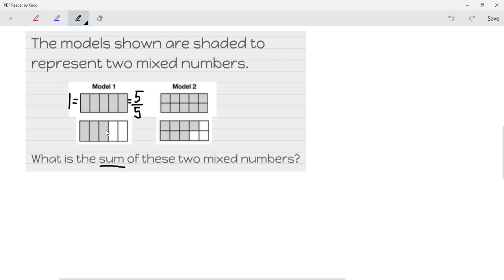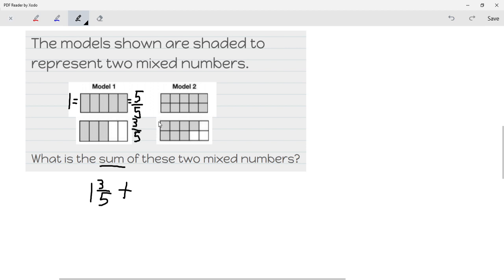And this is also split into fifths, and there are 1, 2, 3. So the amount that the shape is split into is the denominator, 5. The amount that are filled out, in this case, is 3. So this would be 3 over 5. So we have 1 and 3 fifths.